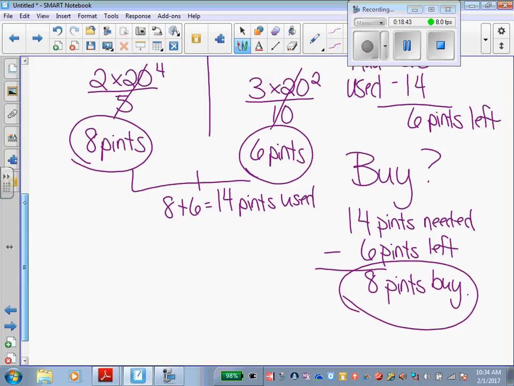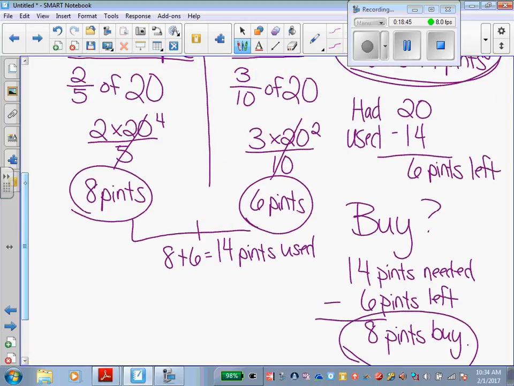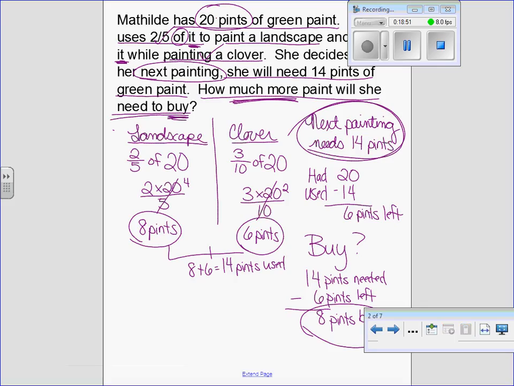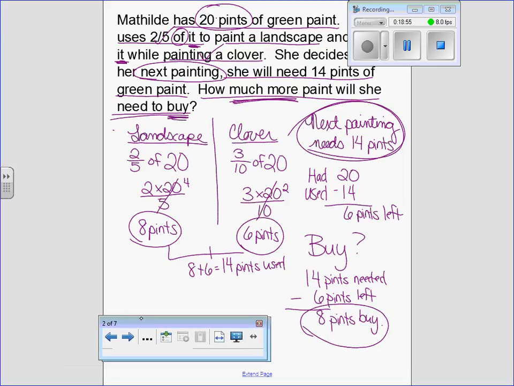All of this work for 8 pints. For just one problem. One problem, you have this much work.